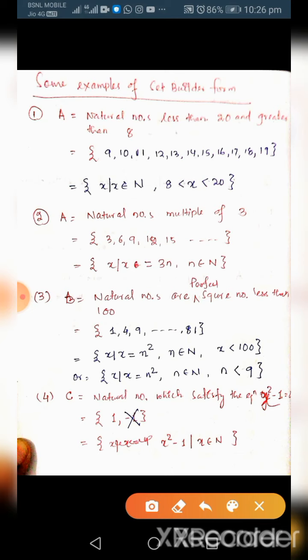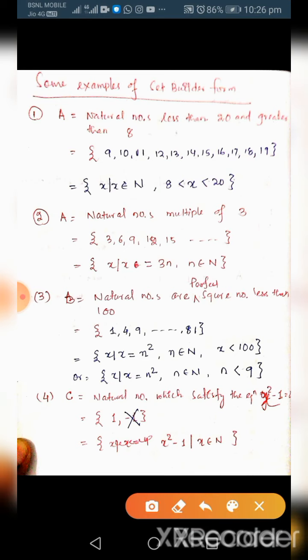If you write it in tabular form, it means 9, 10, 11, 12, 13, 14, up to 19. How can you write it? x such that x belongs to N, meaning x is an element of the natural numbers, and 8 is less than x less than 20. You have to mark this one.